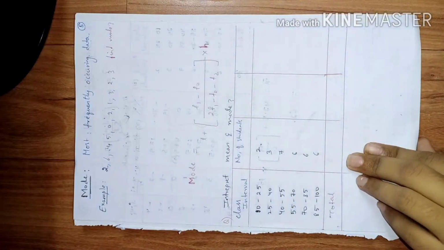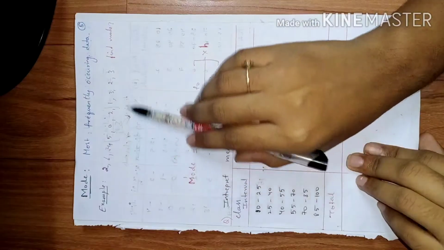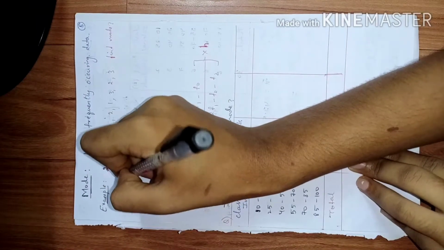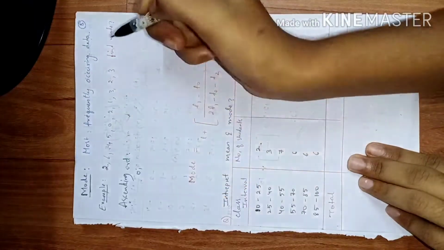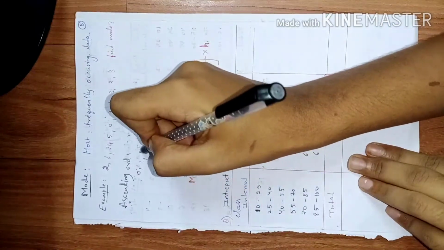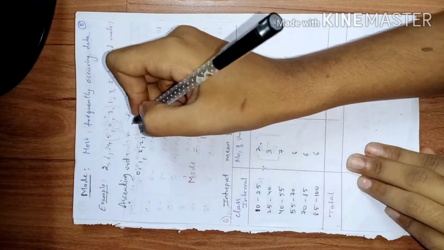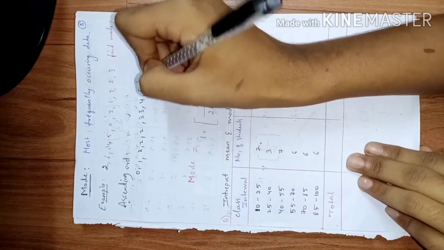So in this example, what we need to do is just arrange the observations in ascending order. After arranging in ascending order, you will get 0, 1, 3 2s, then 2 3s, 1 4, 1 5 and 1 6.